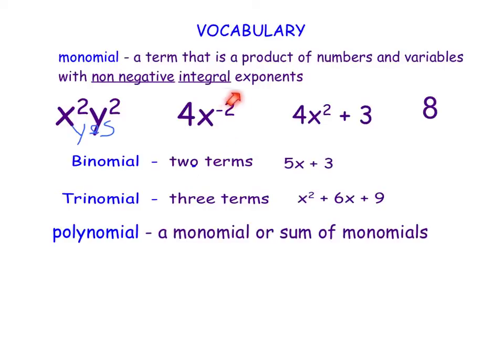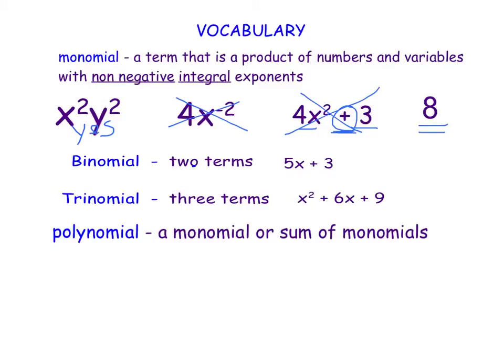This one, though, has a negative exponent, so this is no, it is not a monomial. This third one has two terms and an addition sign, so this is not a monomial either. If it has an addition sign or subtraction sign, then it's not a monomial.